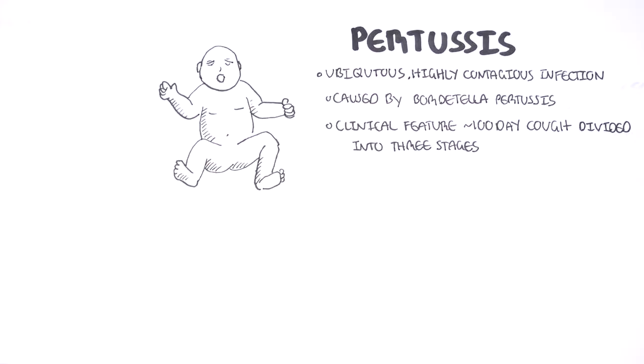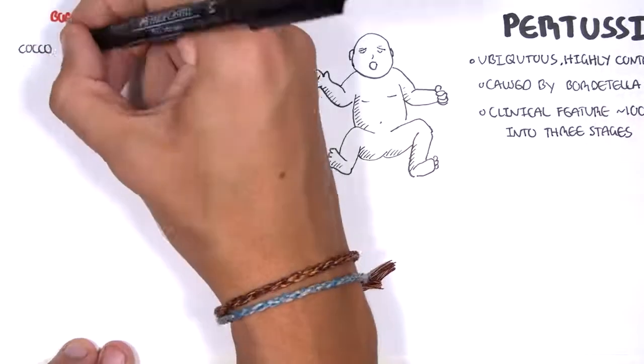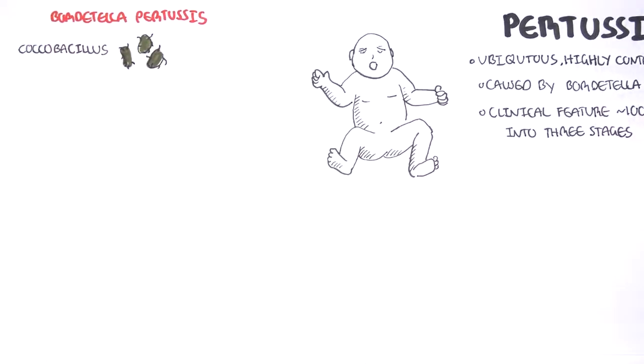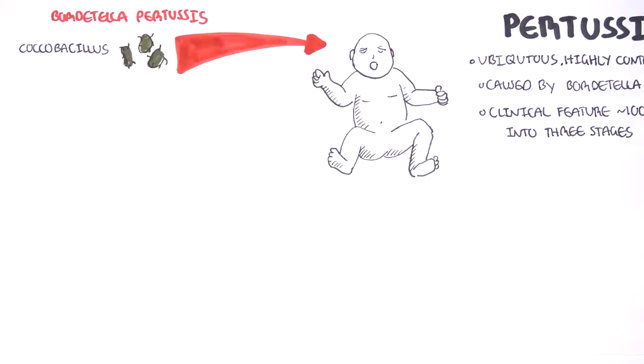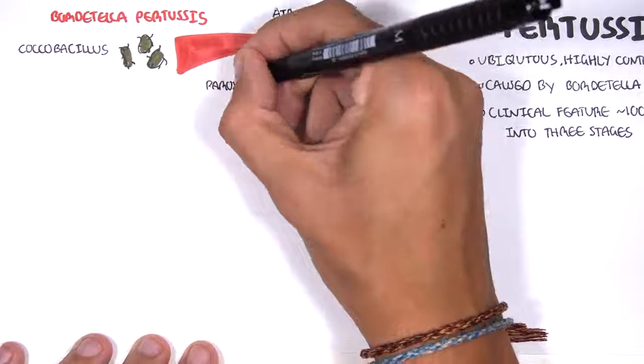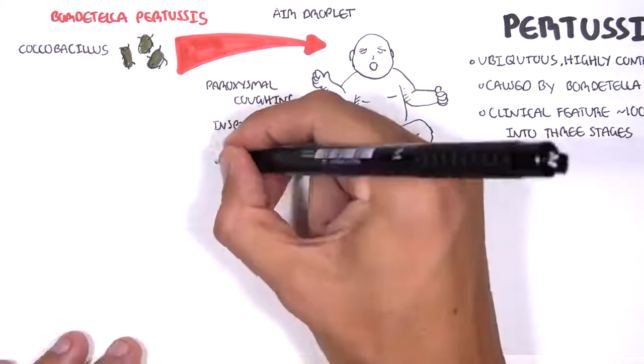What happens is the bacteria, Bordetella pertussis, a coccobacillus, infects the infant via air droplets. From here, the infant will develop signs and symptoms such as paroxysmal coughing, inspiratory whoop, and post-tussive vomiting.